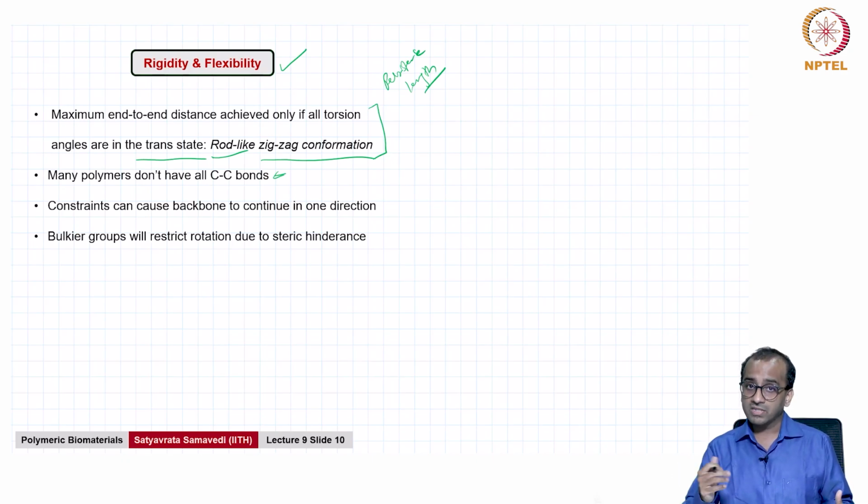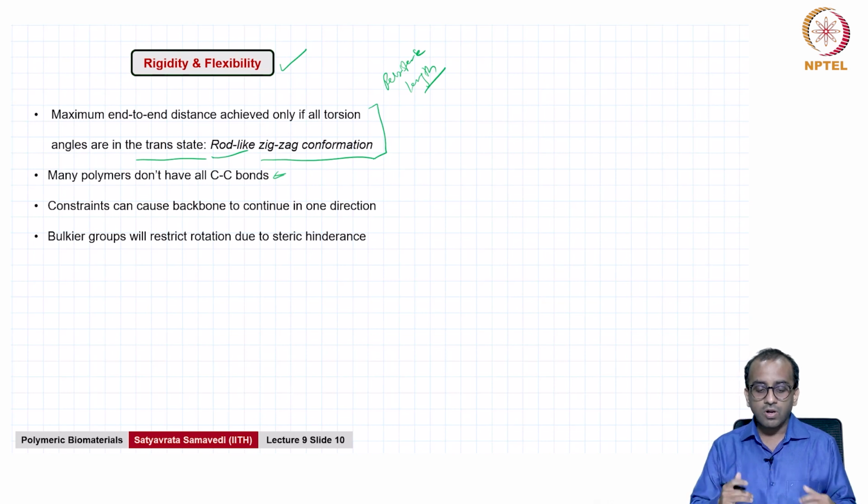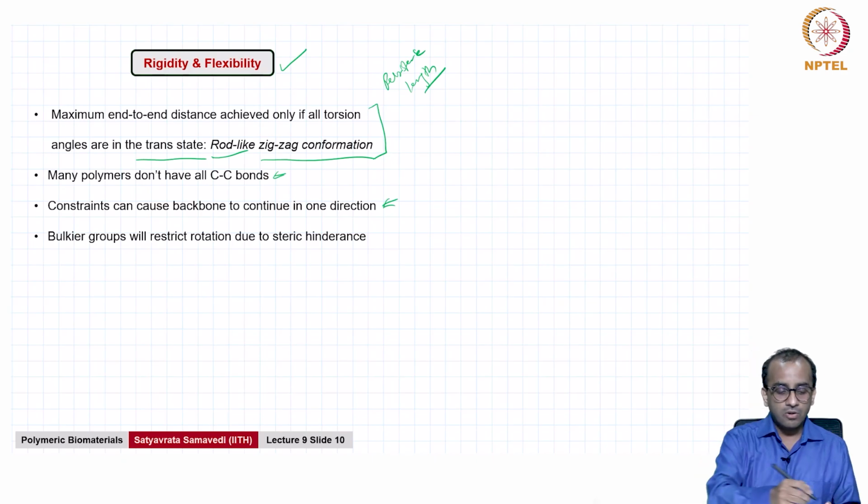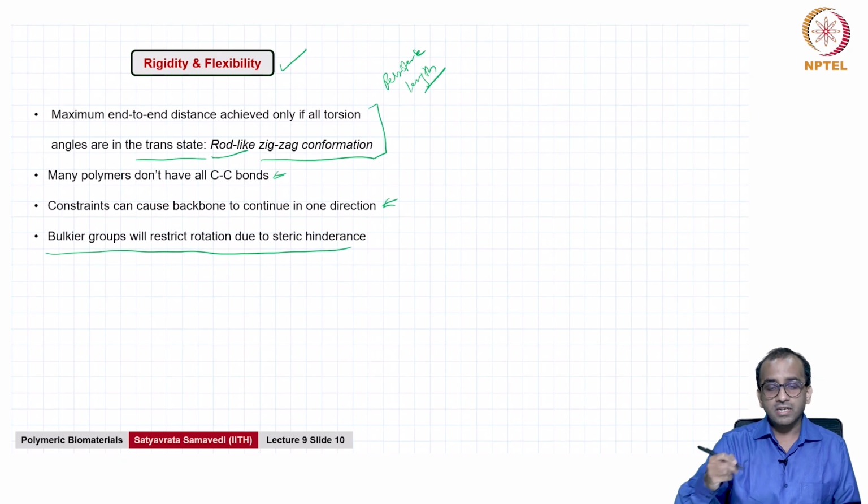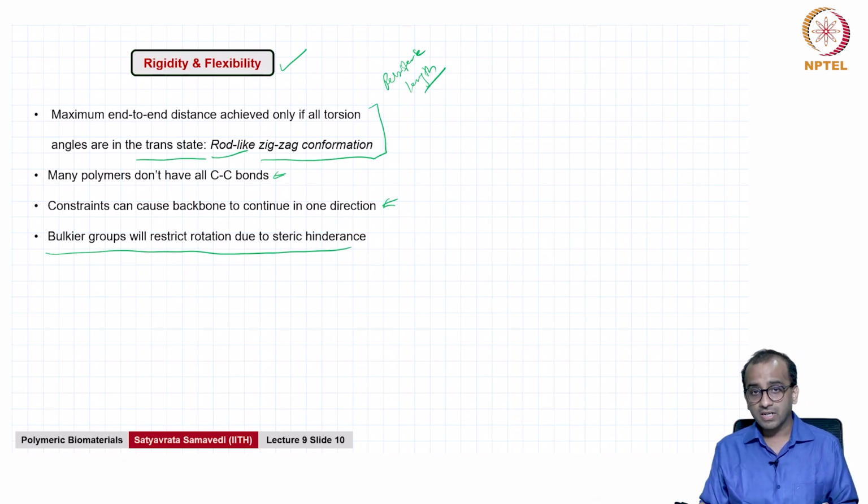You can also have unsaturated bonds, which all make it difficult for the backbone to continue in one direction, as bulkier groups will restrict rotation due to steric hindrance. So, you can have a combination of trans and gauche, depending on how easily rotation is favored, and of course on temperature and solvent effects.